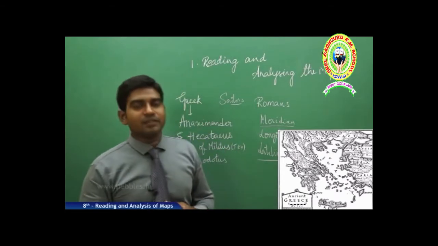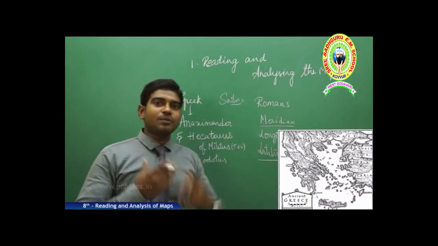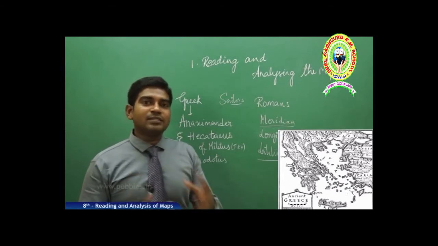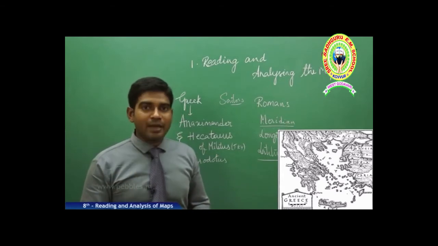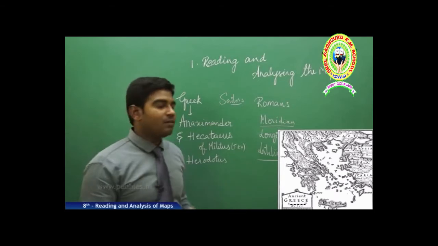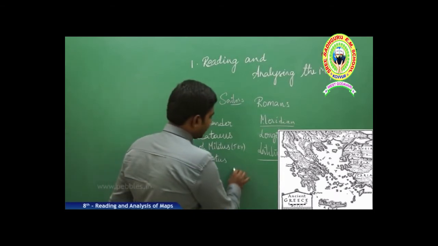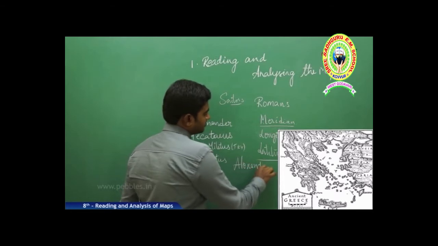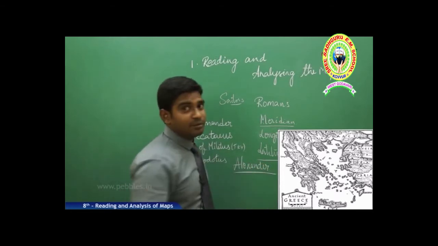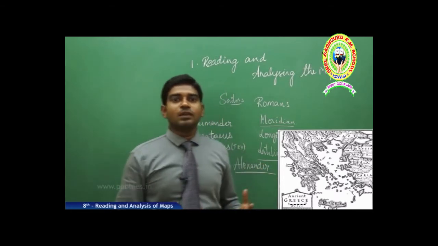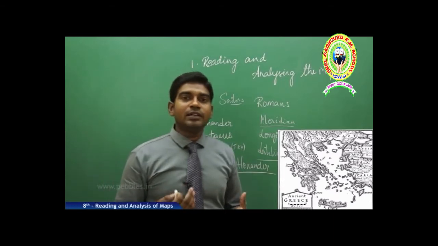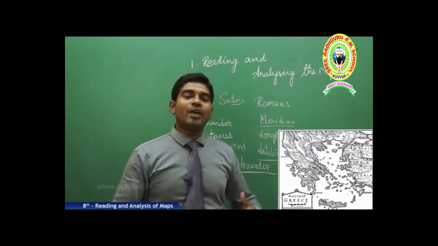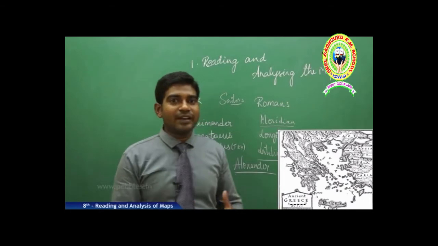And moving on to the example we have, why are the Greeks considered to be familiar people with maps and all these things? We have heard the great name Alexander, who had a dream to conquer the entire world. In order to conquer the entire world, he should have the idea of where the world starts and where the world ends.